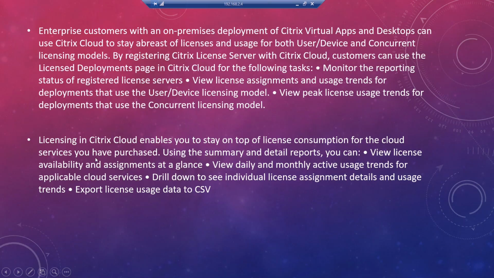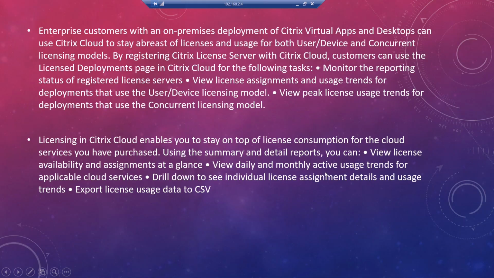Licensing in Citrix Cloud enables you to stay on top of license consumption for the cloud services you have purchased. Using the summary and detailed reports, you can view license availability and assignments at a glance. So with a single glance, you can find out how many licenses are available and how many licenses are assigned. And also you can find out daily and monthly active usage trends for different cloud services.